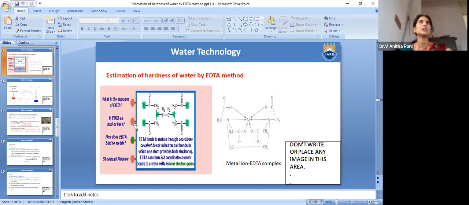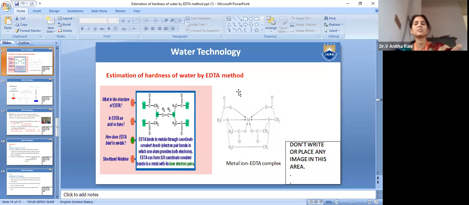So here EDTA has 6 lone pairs of electrons. It will share those electrons with the metal ions and form a covalent bond, giving the metal ion EDTA complex. When you are doing the titration, you don't know what reaction is taking place.